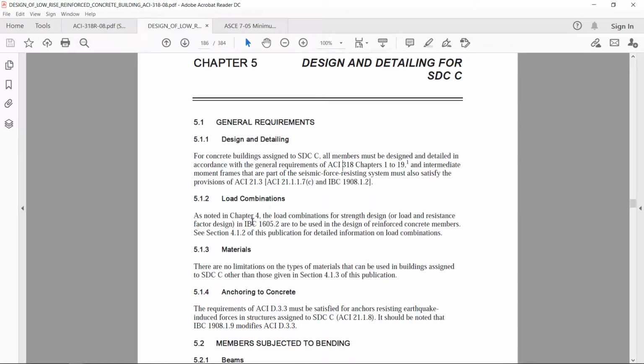Now load combinations, as I explained before, are given in the IBC code, in IBC paragraph 1605.2. The same load combination is given in ASCE 7-05. The same load combination is given in ACI 318.